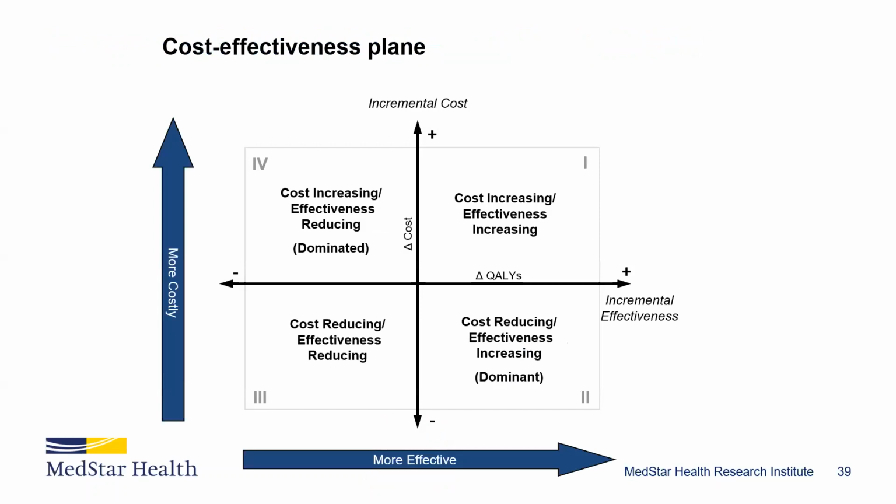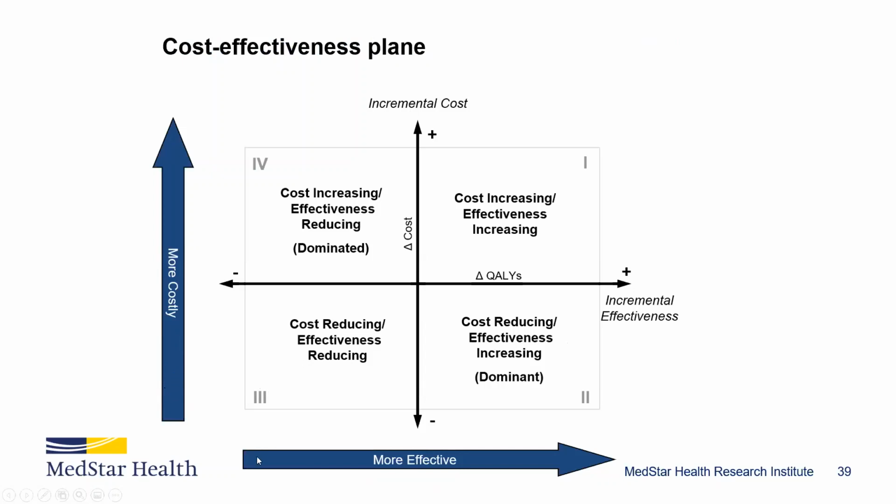So what we do then is plot our incremental cost effectiveness ratio in what we call the cost effectiveness plane. The vertical scale here is the cost, and as it increases, that's more costly.